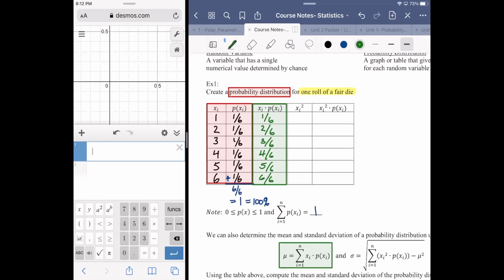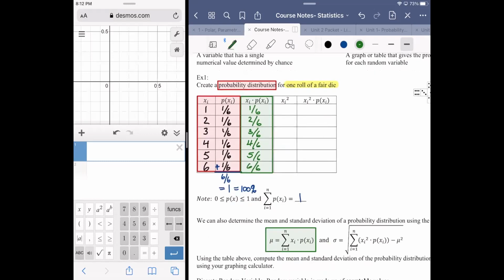Mu, that M U hybrid, is the Greek letter mu. Think of it as M U, mu. That stands for population mean.